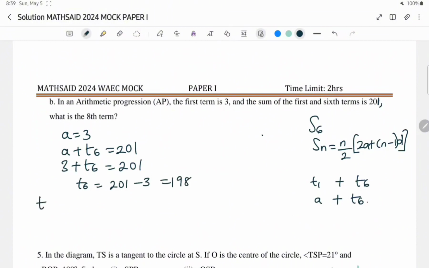Remember that the formula for the nth term is Tn equals A plus n minus 1 into d. So T6 will be equal to A, which is 3, plus n, which is 6, minus 1 multiplied by d.